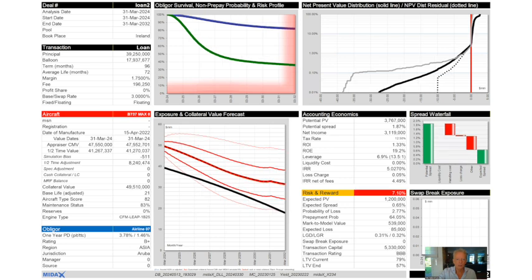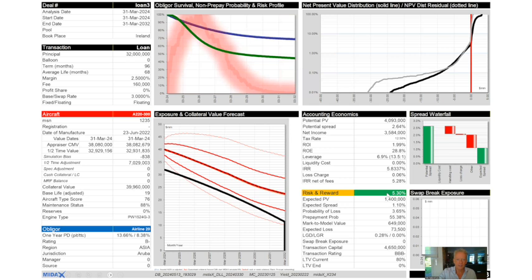Okay. Loan 2 is a 737 MAX 8. Risk-reward ratio is 7.1%. Loan 3, Airbus A220-300. These are the same aircraft as in the 4 leases and the same airlines.